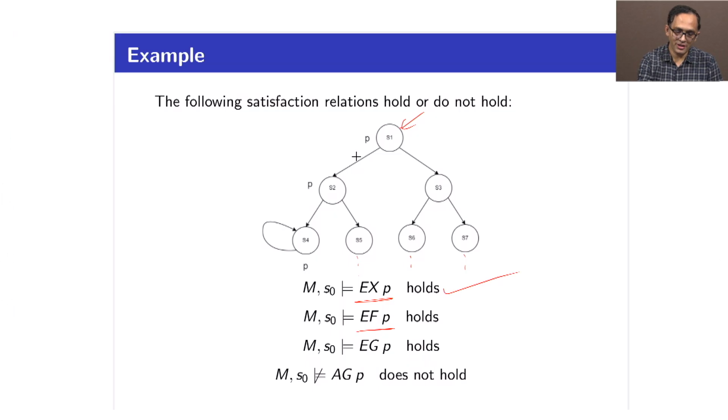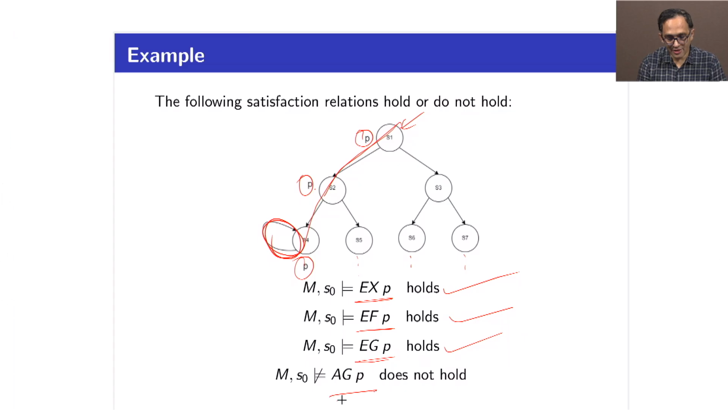Yes, because if E X p holds, then E F p also holds. There exists a path in which p holds in the future. Does E G p hold here? There should be a path in which globally p holds, and again this is true because you see this path, an infinite path in which p holds here, here, and here. So this is also true.